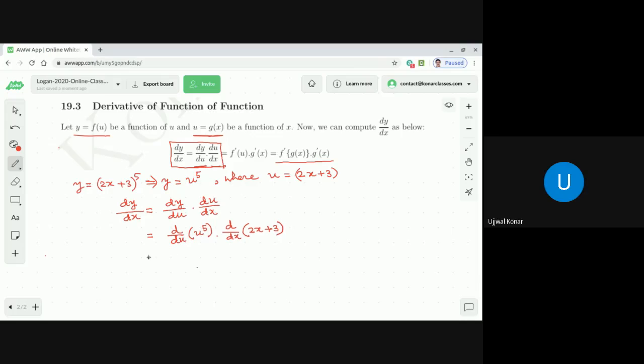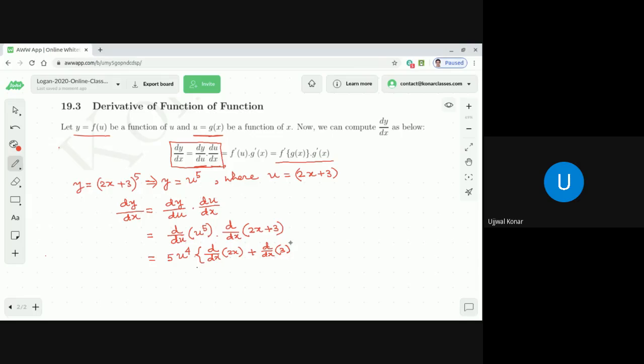So d/du of u power 5 is nothing but 5 into u to the power 4, from our knowledge d/dx of x power n is equal to n x to the power n minus 1, into d/dx of 2x plus 3. That is d/dx of 2x plus d/dx of 3.